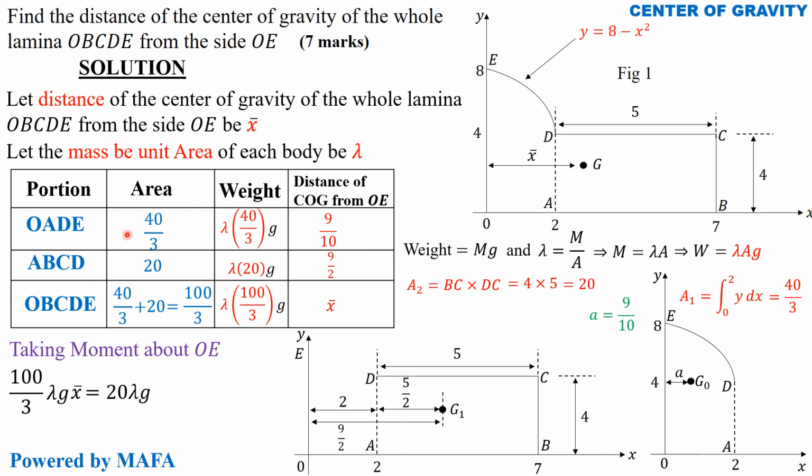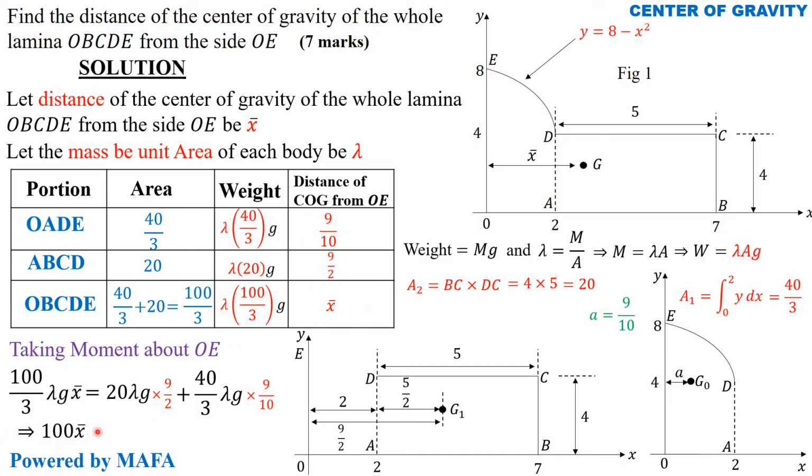The first portion, we have ABCD. The weight is 20 lambda g. The perpendicular distance is 9 on 2, plus the next portion, the weight is 40 on 3 lambda g, and the perpendicular distance is 9 on 10.